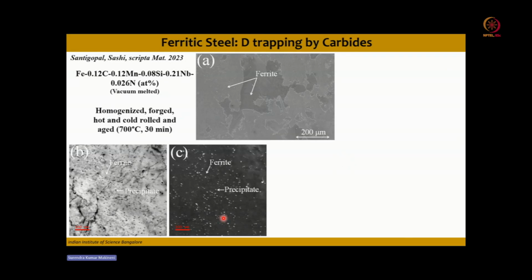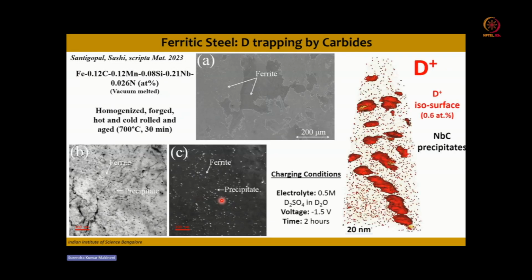This is the dark field image, and you can see the appearance of these precipitates. This particular sample is charged chemically by D2SO4 deuterium charging, where the deuterium diffuses into the matrix, and due to the presence of ferrite and precipitates, wherever the precipitates are present, which are niobium carbide precipitates, deuterium is partitioning to those precipitates inside the unit cell.